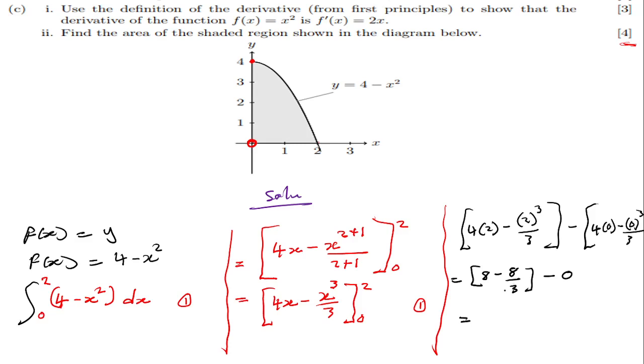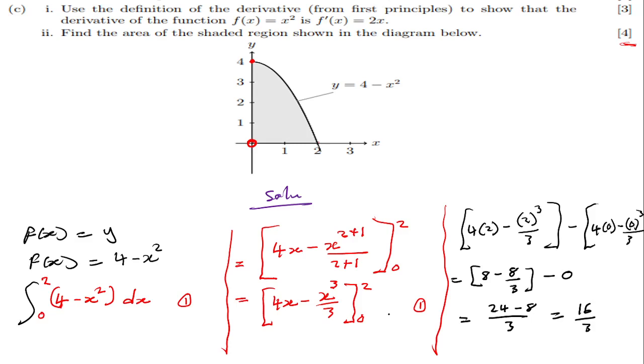Then from there you can work out this as a fraction. When you work this out as a fraction, the common denominator will be 3. So 3 times 8 is simply 24, and then minus 8, and this will give you 16 over 3.